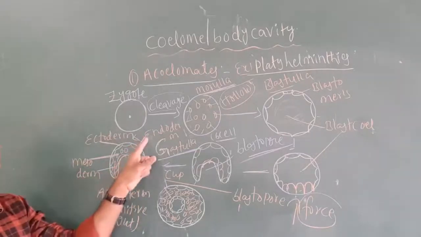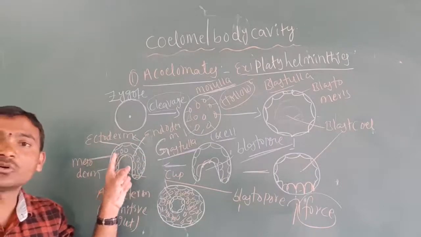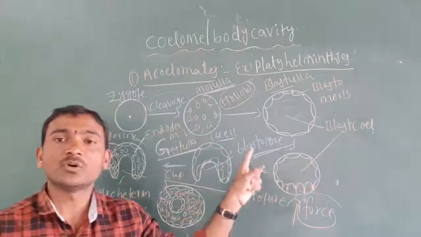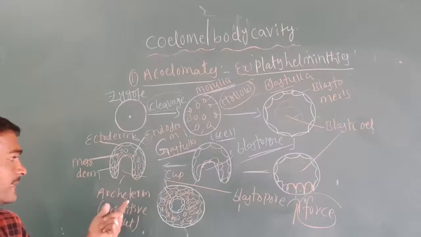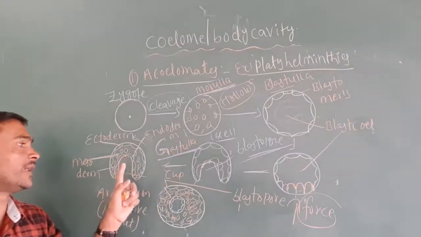The inner layer is endoderm, the outer one is ectoderm, and the middle one is the mesoderm. But in the blastula stage, only a single layer is there.